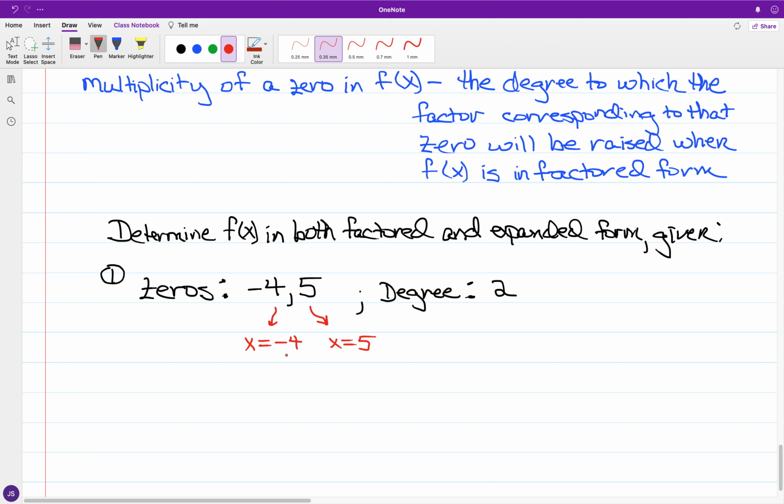If x equals -4, add 4 to both sides, so I have x plus 4 is equal to 0, and if x is equal to 5, and I subtract 5 on both sides, I will have x minus 5 is equal to 0. So you would have your factors at x plus 4 and x minus 5.